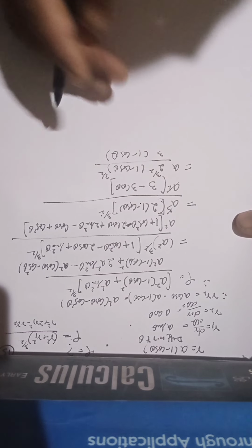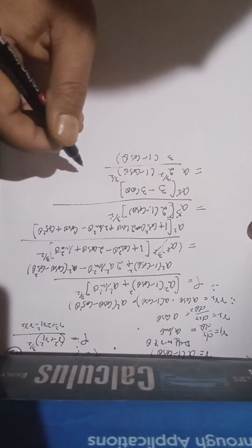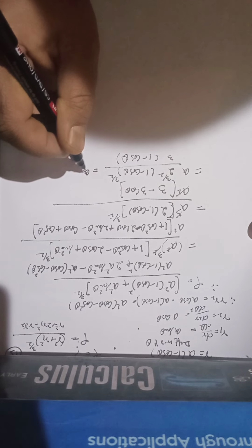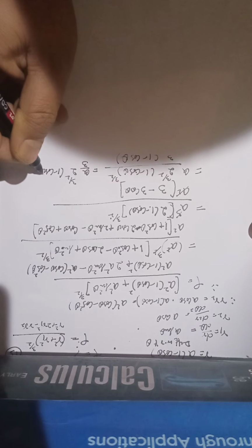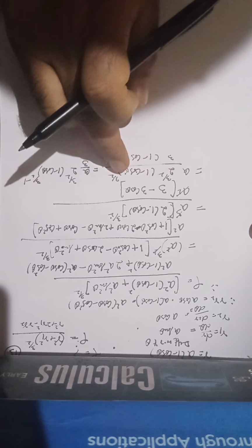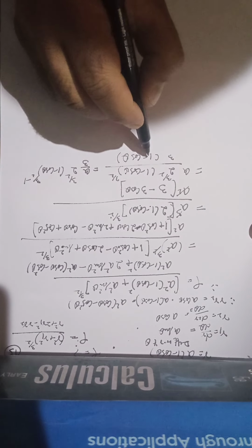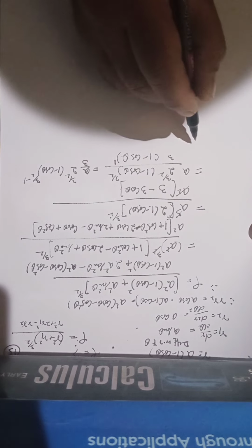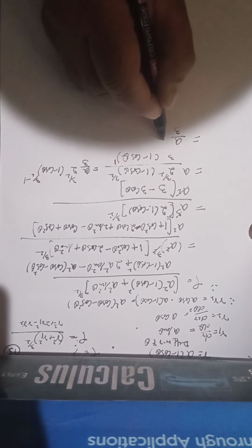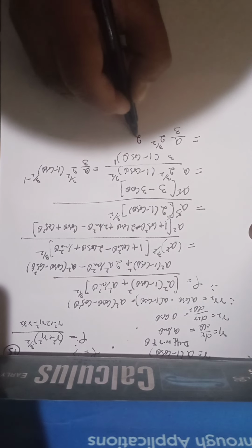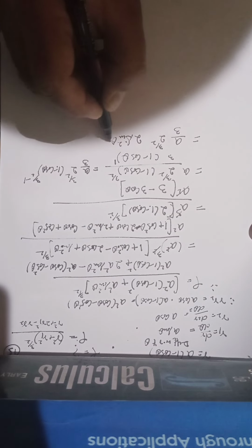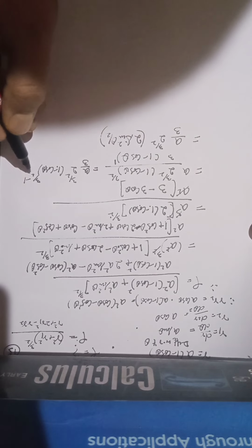Or you may write it as a/3 · 2^(3/2) · (1 − cosθ)^(3/2 − 1). This is (1 − cosθ) raised power 3/2, this is (1 − cosθ) raised power 1. So a/3 · 2^(3/2). Now 1 − cosθ is 2sin²(θ/2), whole raised power 1/2.